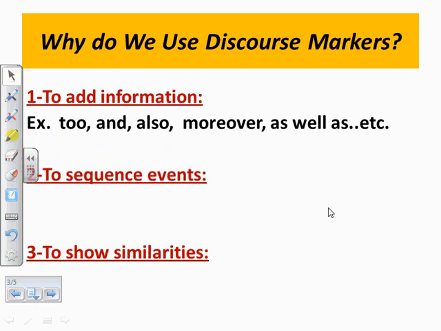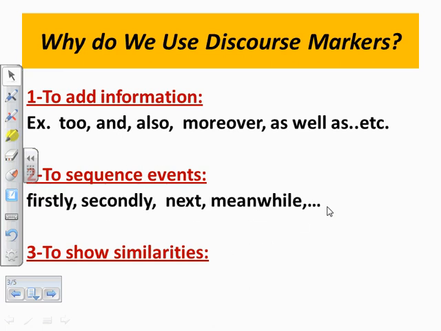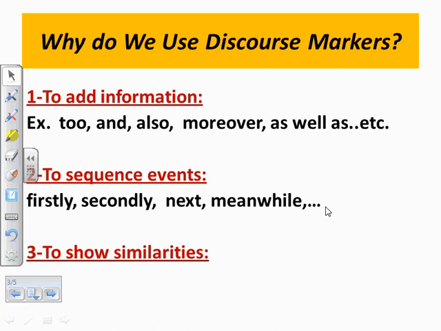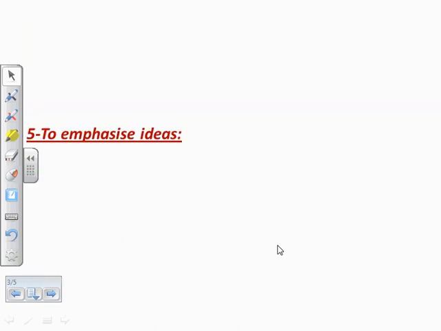To sequence events, to put events in order. Like if you tell a story, you start with firstly, secondly, thirdly, next, last, meanwhile, and so on. To show similarities, likewise, similarly, equally.